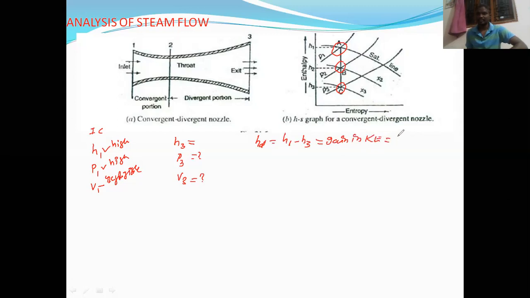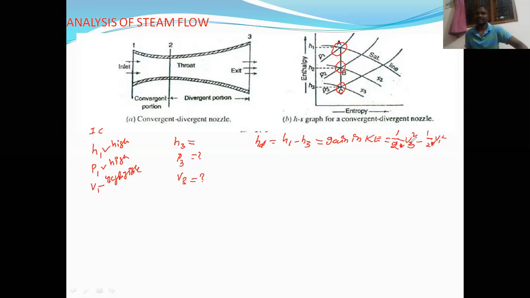That is nothing but 1 by 2 V3 square minus 1 by 2 V1 square.